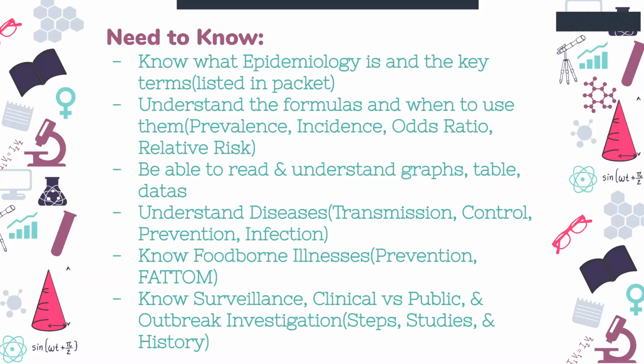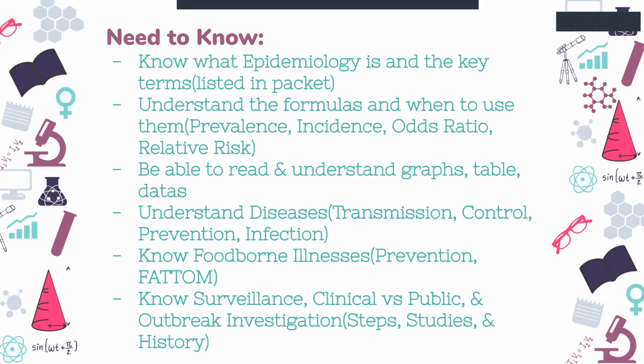And then the last two categories that you'll be tested on in Disease Detectives are surveillance and outbreak investigation. So make sure you understand what surveillance is, how it's used, and what its purpose is, and also know the four different types of surveillance, which you can find again in our resource packets.